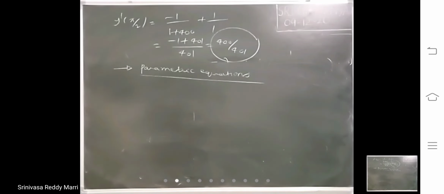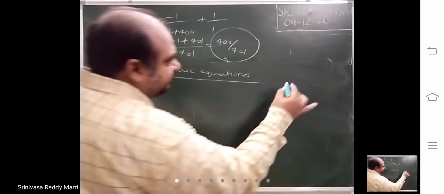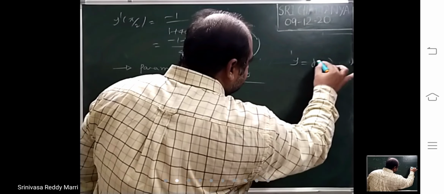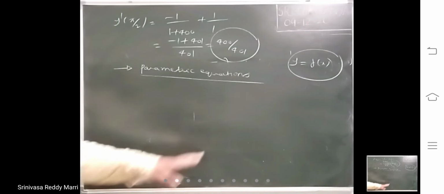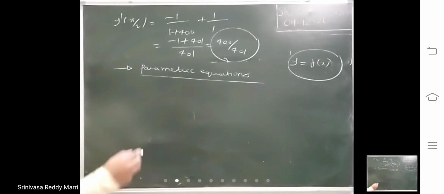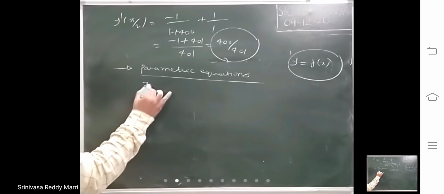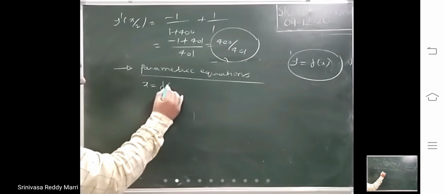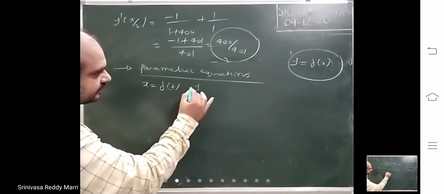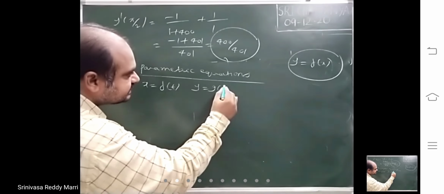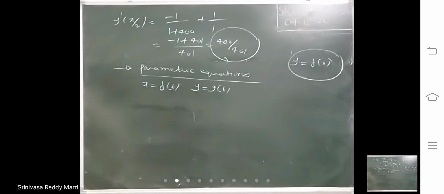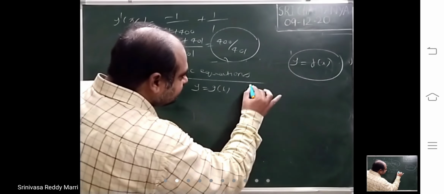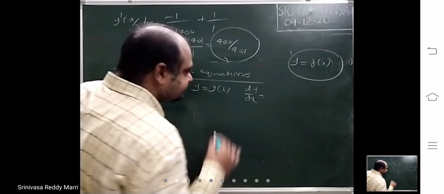Till now we have been given y as a function of x, and then we find dy by dx. Now he will not give y as a function of x. He will give x as a function of t and y as a function of time. Suppose t is time, x is a function of t, and y is a function of t. In that case, you have to find dy by dx.